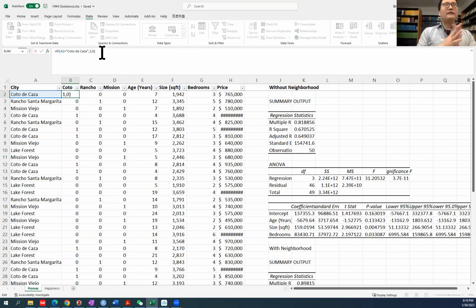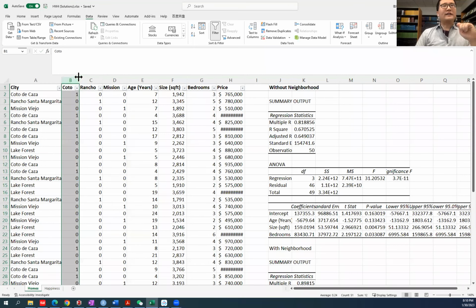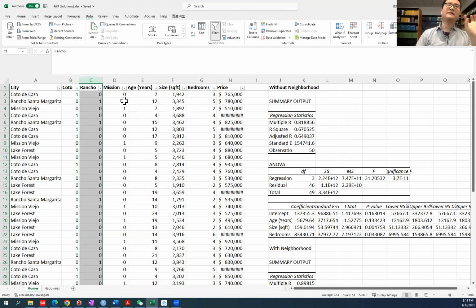So the value assignment procedure goes like this. This column represents whether a city is Coco de Casa. This column represents whether the house is in Rancho Santa Margarita, and this column represents whether the house is in Mission Viejo.